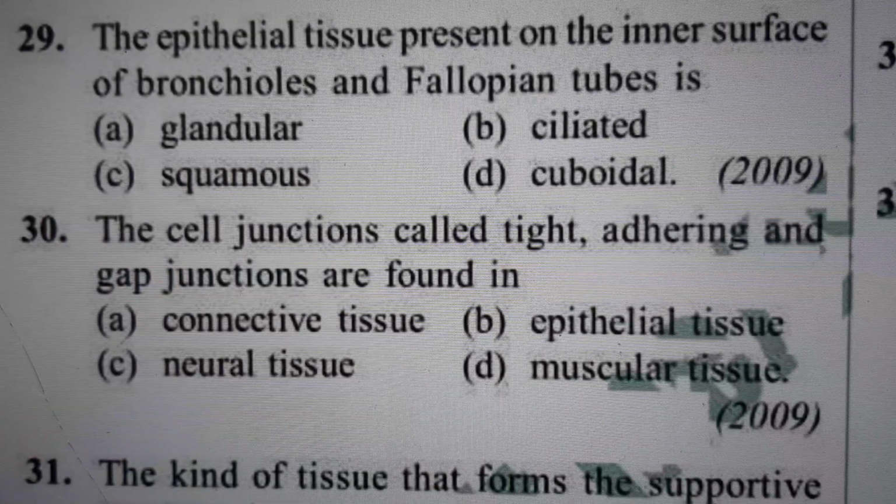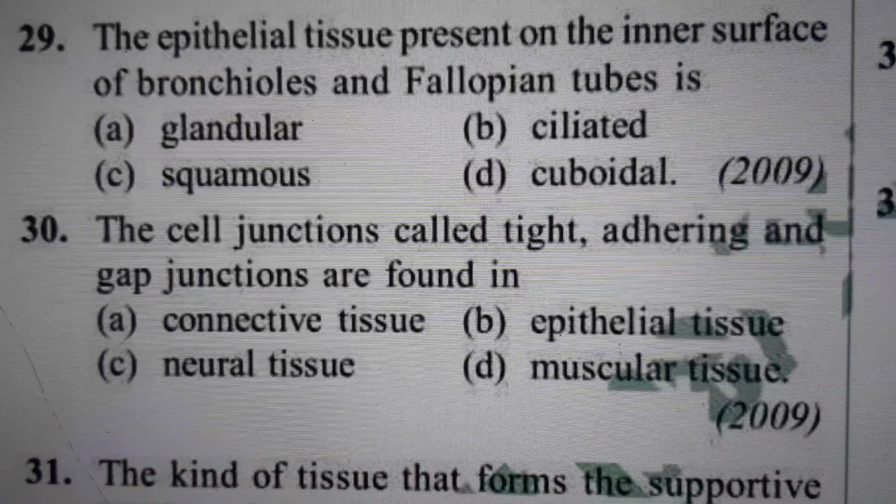Next question. The cell junction called tight, adhering, and gap junction is found in A. Connective tissue, B. Epithelial tissue, C. Neural tissue, D. Muscular tissue.